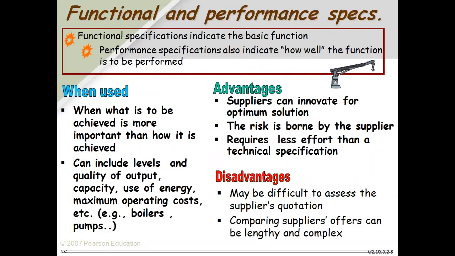The last one, which I said is very, very important, is functional and performance specs. Functional specs mean what it is supposed to do. If I'm buying a car, the function of the car is to transport 4 people from this place to that place. There are many choices.